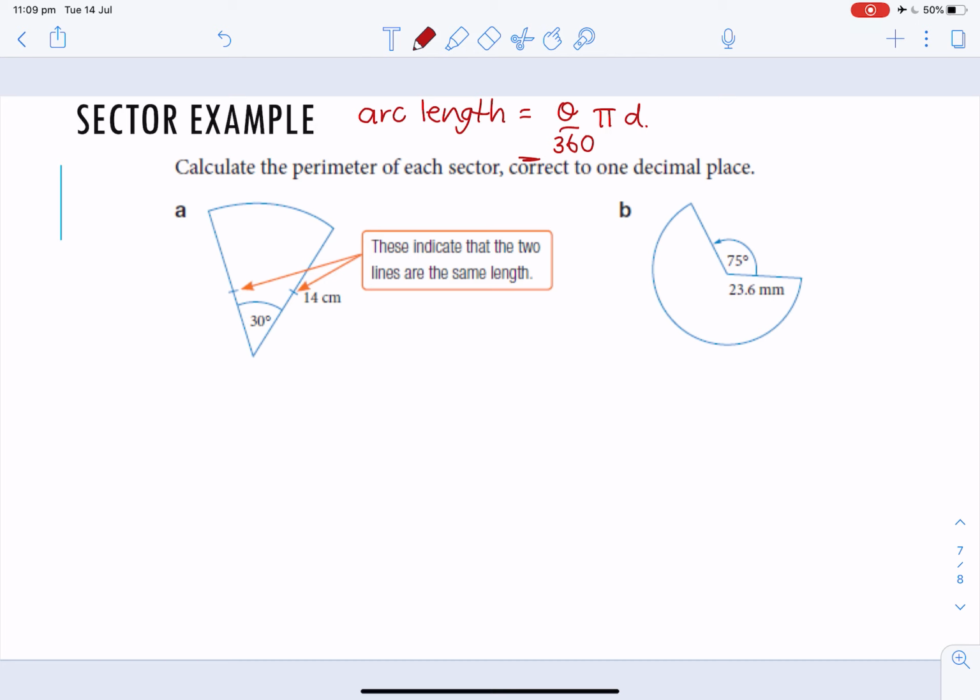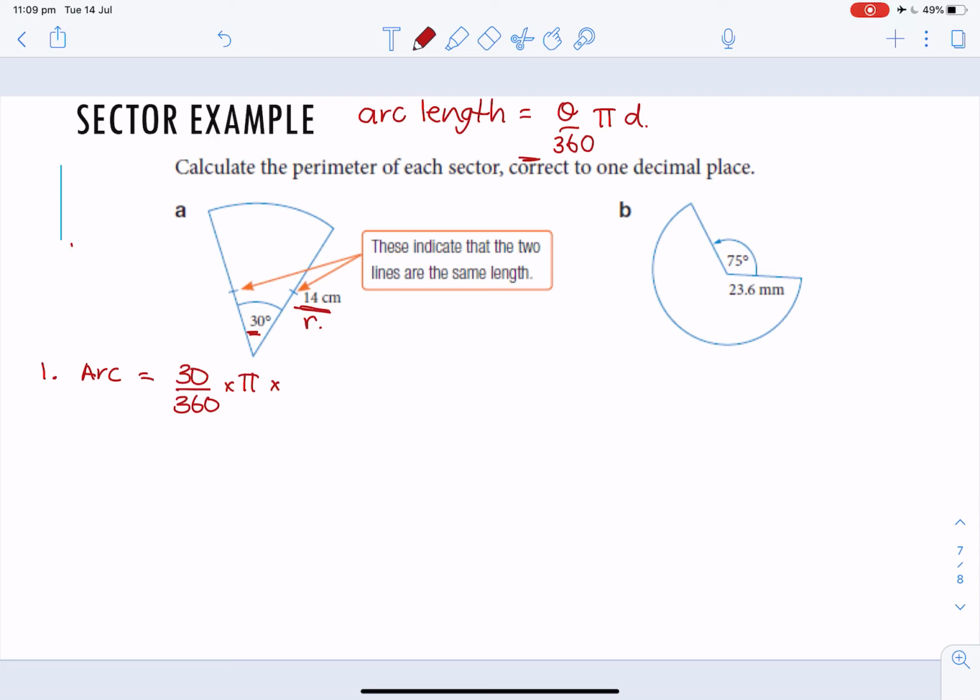So my first step in calculating the perimeter of each sector is to find my arc length. My arc length is theta over 360. In this case, I've got 30 degrees, so that would be 30 over 360. Then I would times that by pi, and then times that by my diameter. But in this case, I don't have a diameter. I do have a 14 centimeter radius.